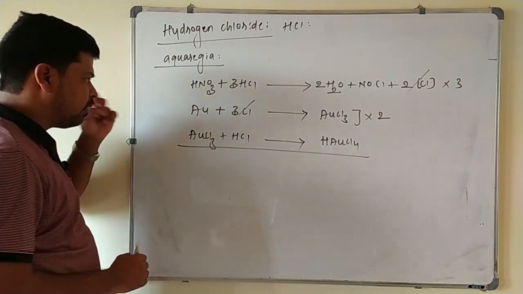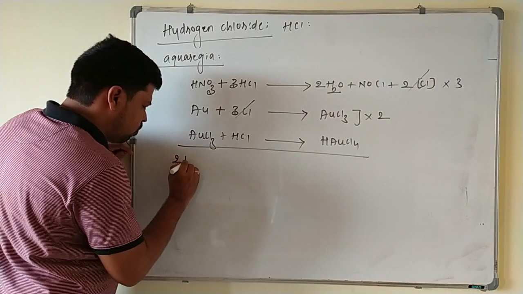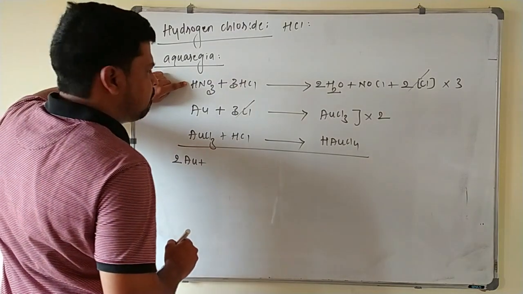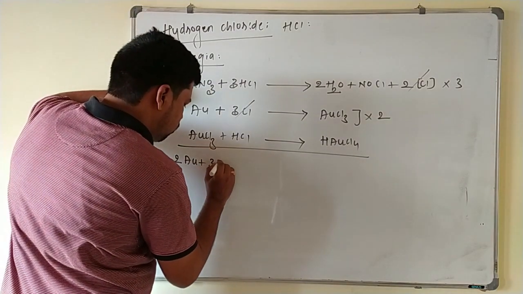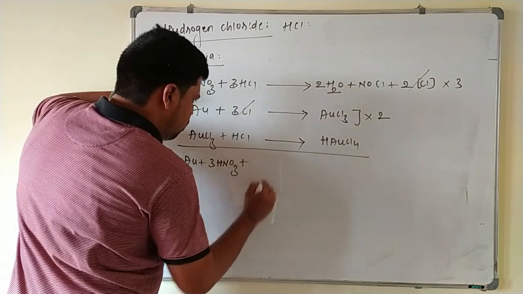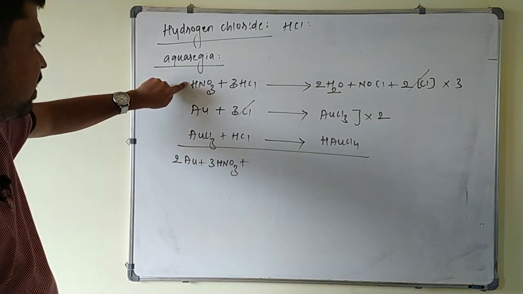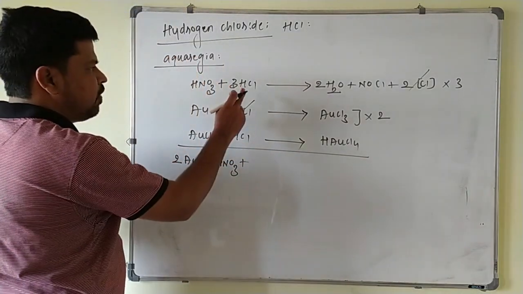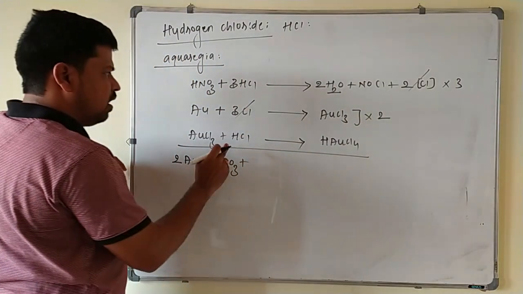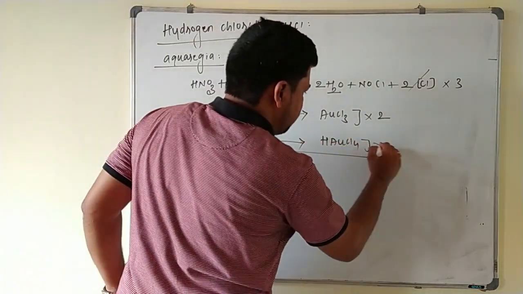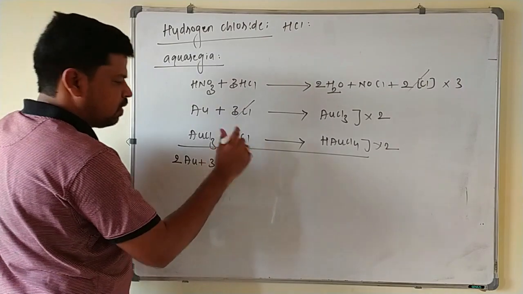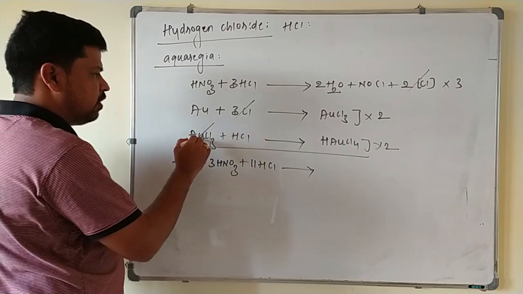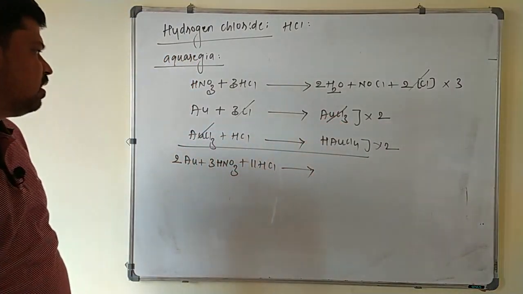So here what you will get, 2 times of Au plus 3 times of HNO3 plus, and what else gets cancelled here, HCl is there, and how many times of HCl, this is 3, 3 is 9, and again this will be multiplied by 2, so you will get 11 HCl, because this AuCl3 gets cancelled here.